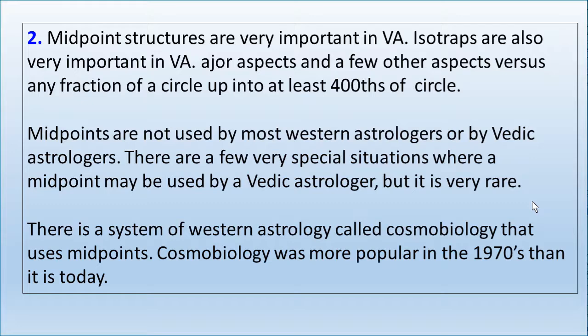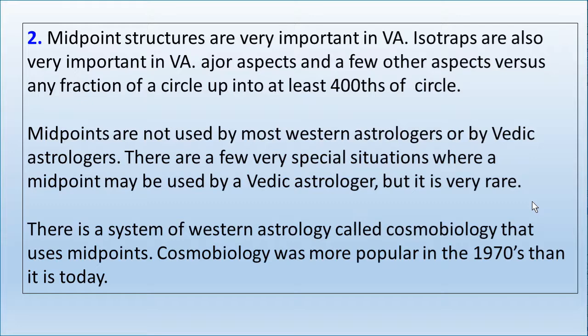Are midpoints used in other systems of astrology? They're almost never used in Western astrology. They're basically not used in Hellenistic and medieval astrology. There are some very special situations in Vedic astrology where they show up, but for the most part, they're not used.